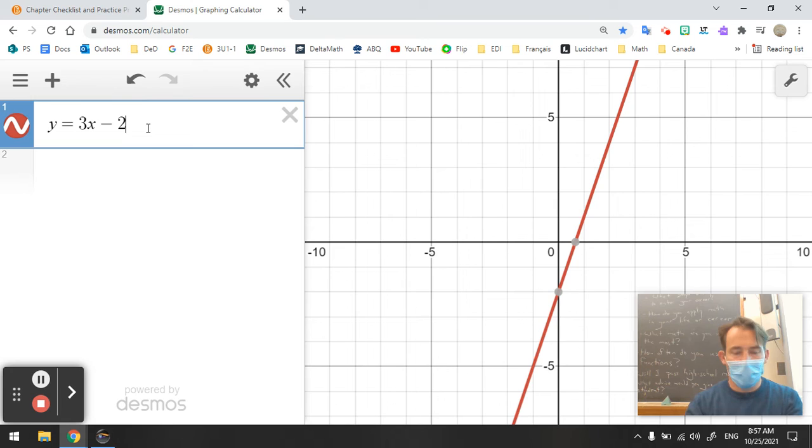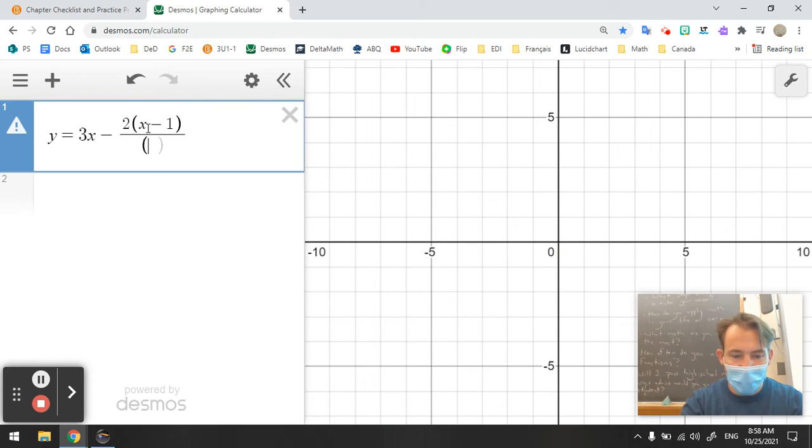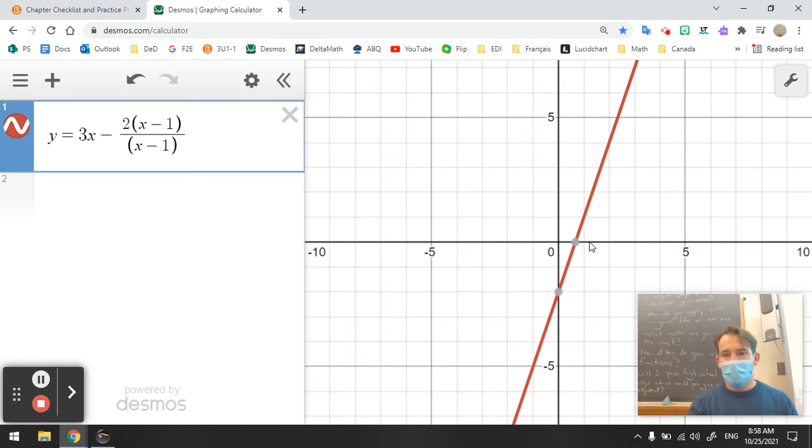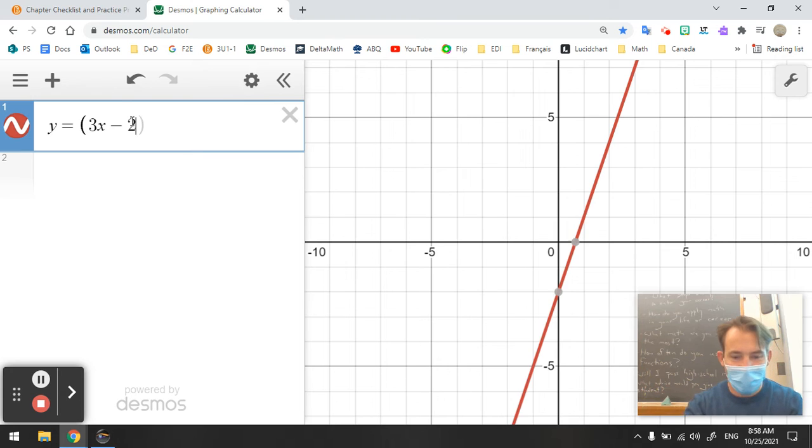But now I'm going to multiply this line, y equals 3x minus 2, by x minus 1 and divide by x minus 1. Okay, so now I have this line, y is equal to 3x minus 2, in brackets.